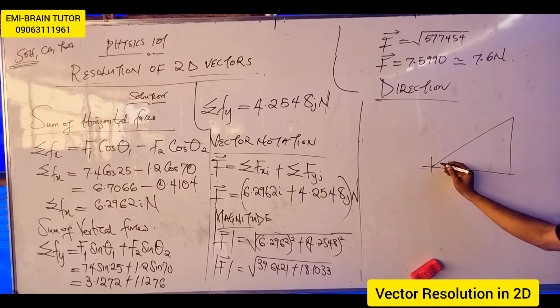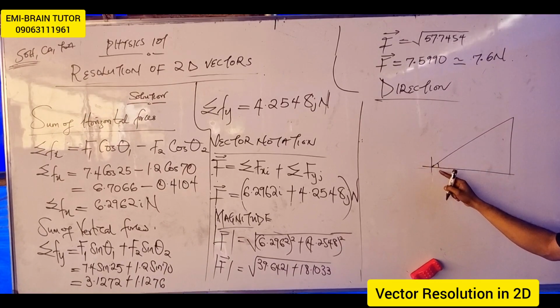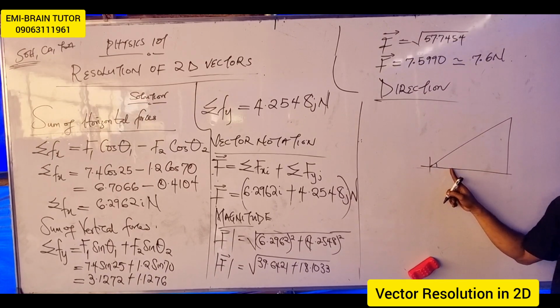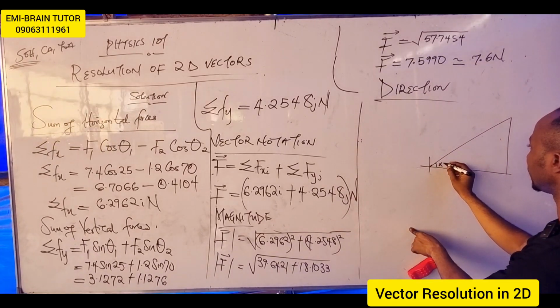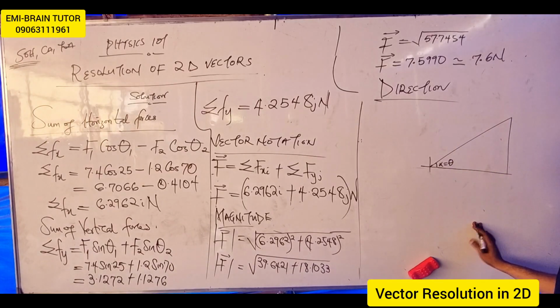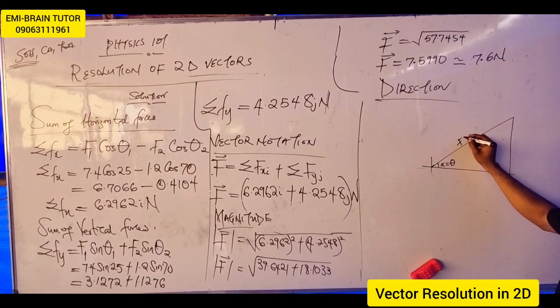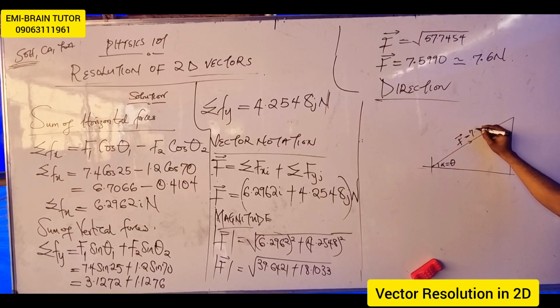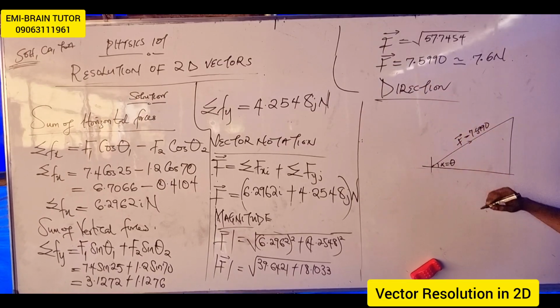Okay, what angle is here? You can tell me. Alpha equals theta, the reference angle, the directional angle, right? So what do you call our F here? And what do you have as the F here? 7.5990, right?